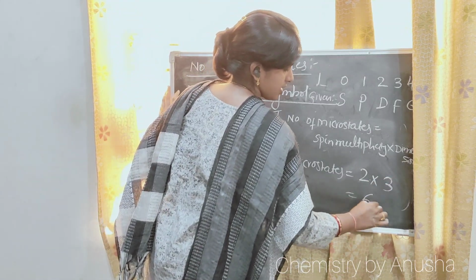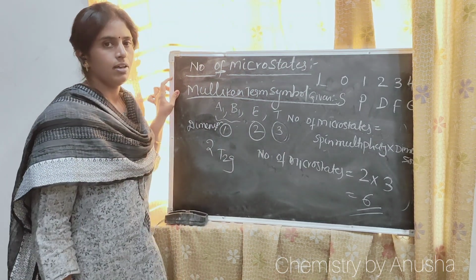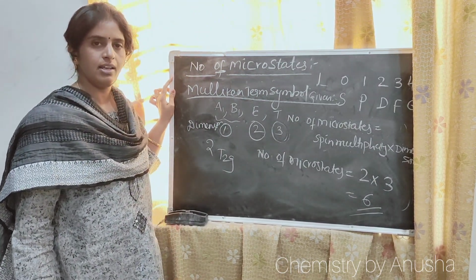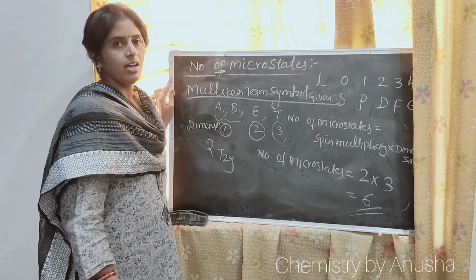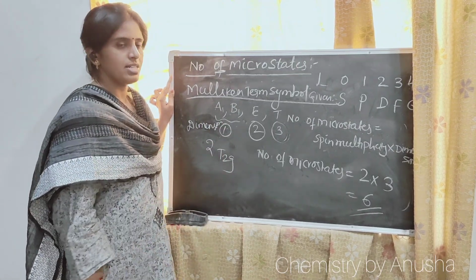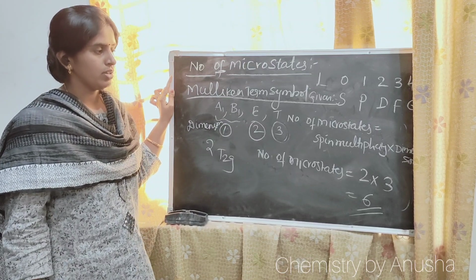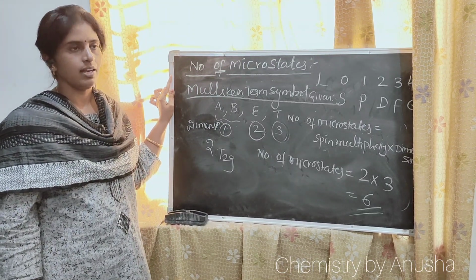So 2 3s are 6. That's it, very simple. By knowing the formula, we can easily calculate the number of microstates. If a Mulliken term symbol is given, it is spin multiplicity into its dimension, so 2 into 3, 6. We get 6 microstates.